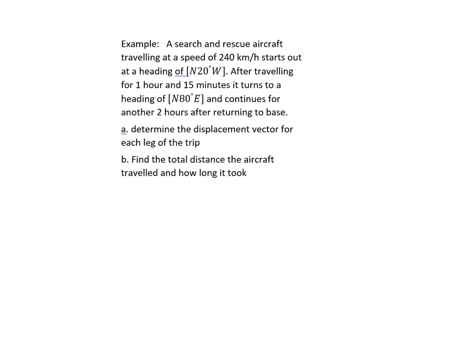Okay, let's do this one. I'm going to do this one in both methods, and we'll compare answers. We did this one in class. We have an aircraft traveling at a speed of 240 for an hour and 15, and then it turns and heads for another 2 hours. So the first thing we want to do is determine the distance the plane has traveled on each leg of the trip.